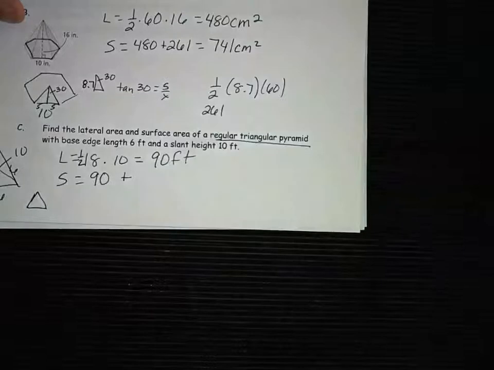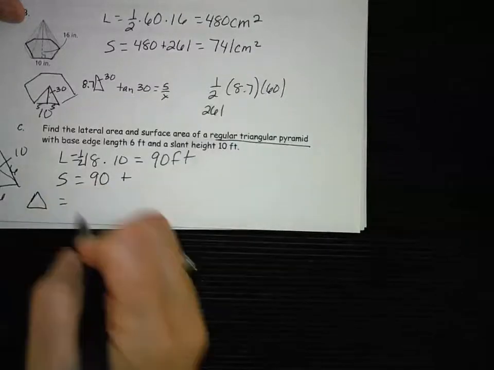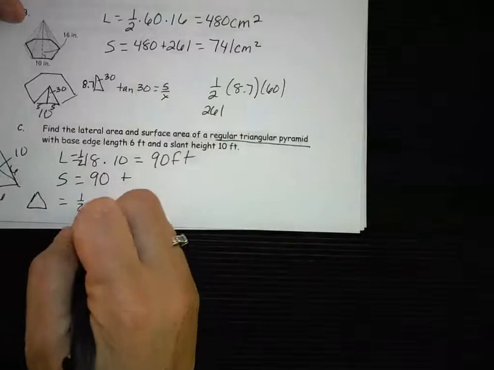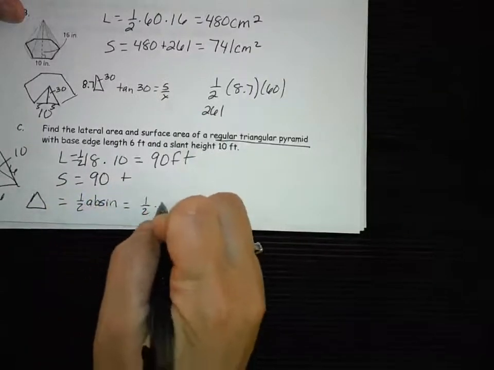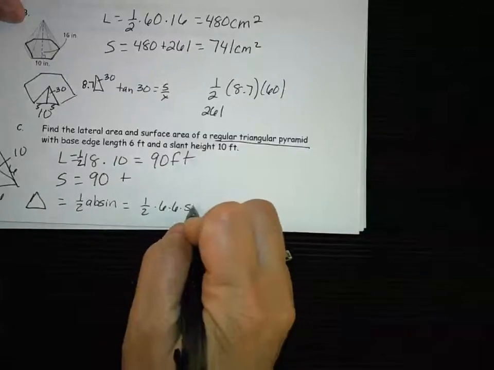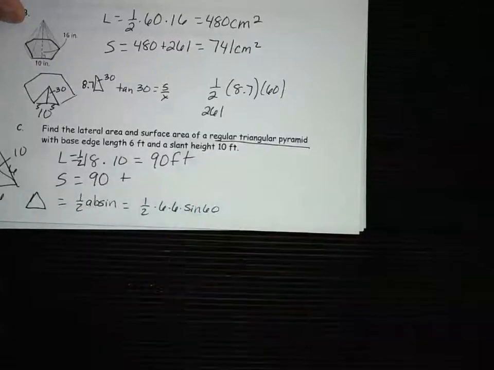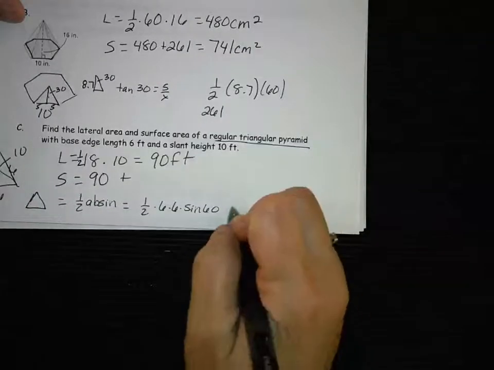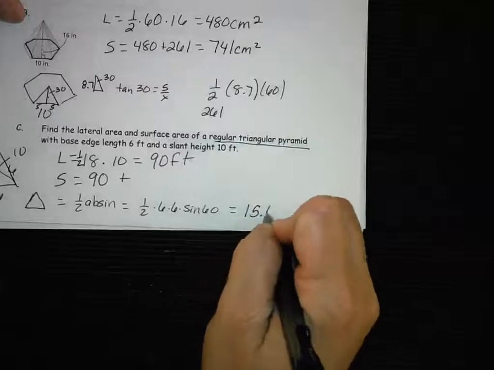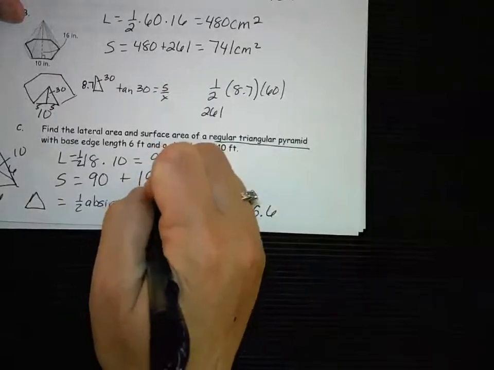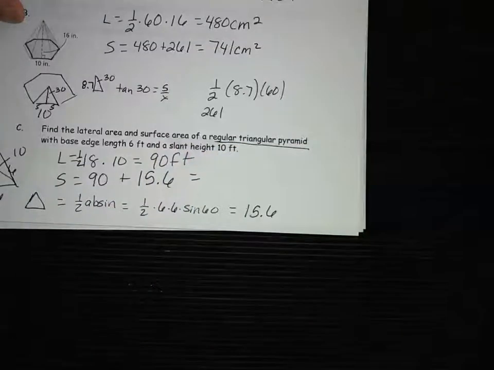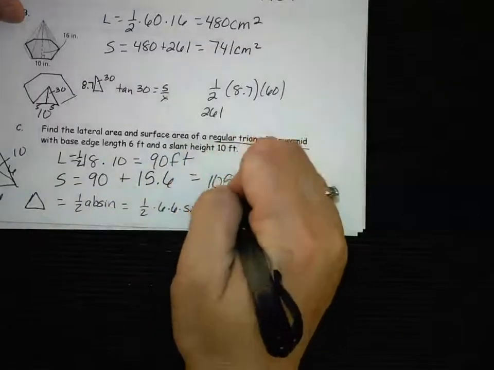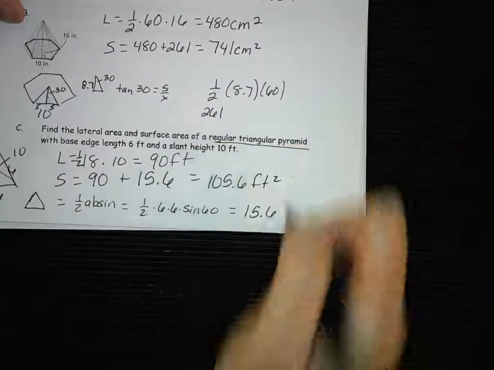Since they told us this was a regular triangle, we can use 1/2 AB sine of C. And if we do 1/2 times 6 times 6 times the sine of 60, the area of that ends up being 15.6, and 90 plus 15.6 is 105.6 square feet.